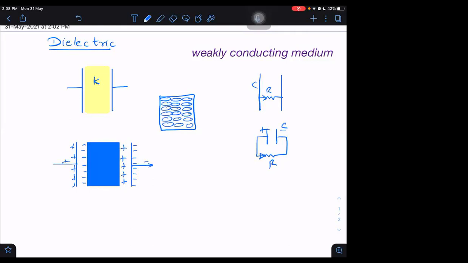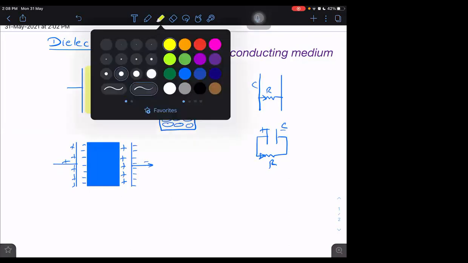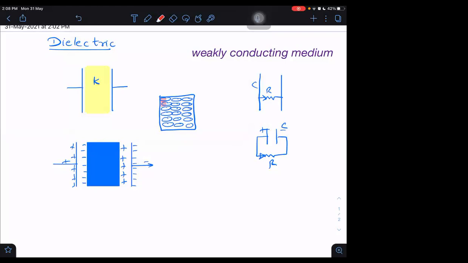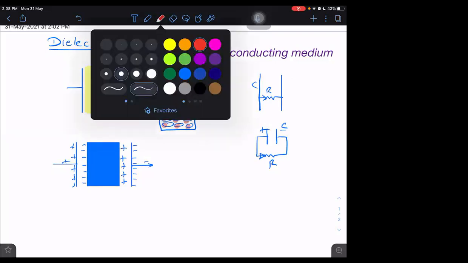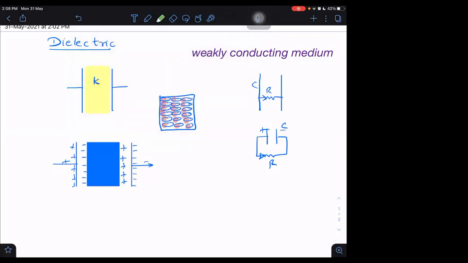Let us say the red color is representing negative charge towards this side, and the green color is representing positive charge.